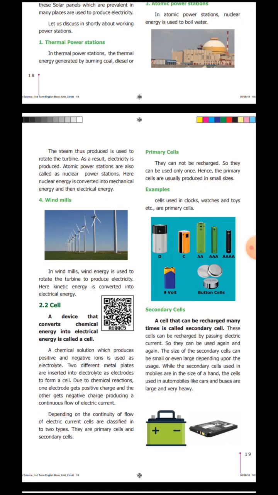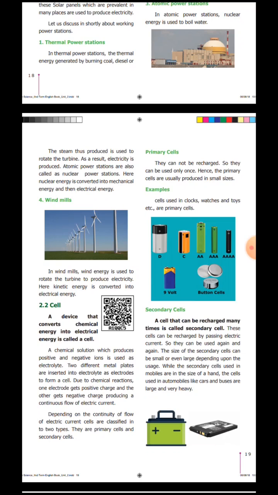See here, what is atomic power? Atomic power, or atomic energy, is the energy released through a nuclear reaction. In atomic power stations, the nuclear energy is used to boil the water. When we boil the water, steam is produced and used to rotate the turbine.